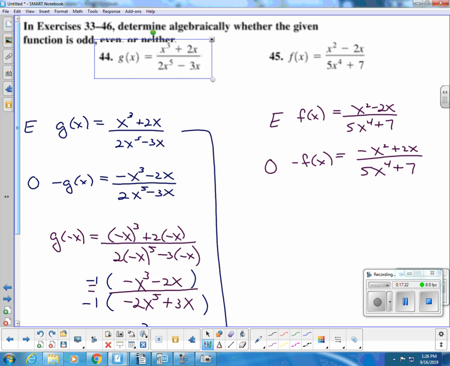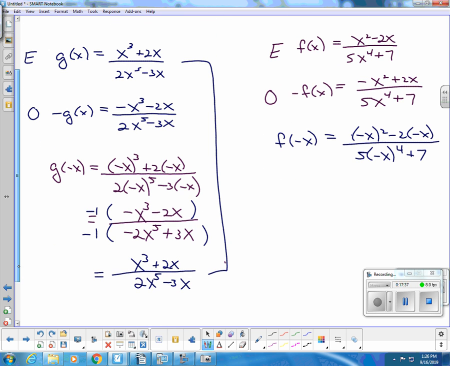And then we're going to plug in a negative x. So our negative x squared is going to be x squared. Negative times negative is a positive. Negative x to the 4th cancels, and we're sitting here.